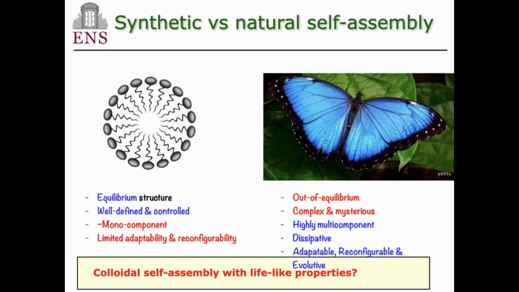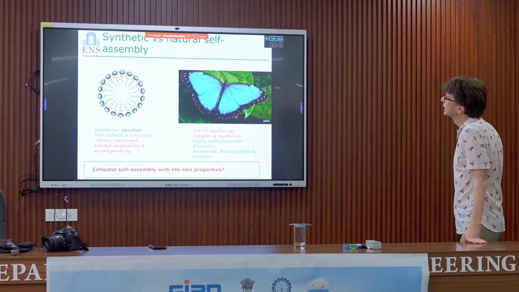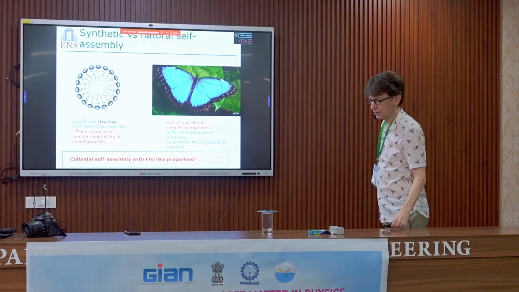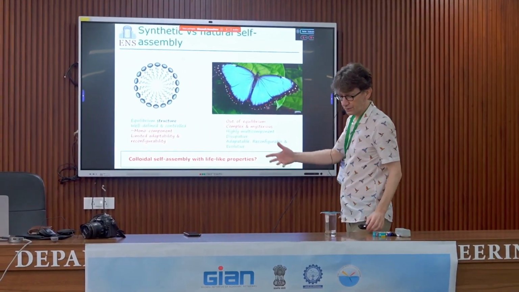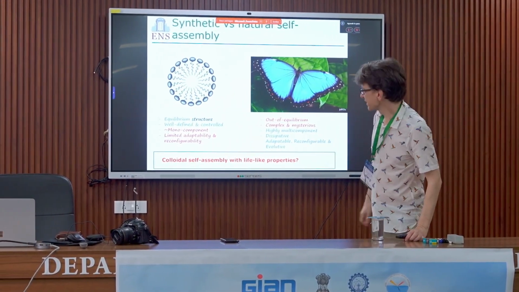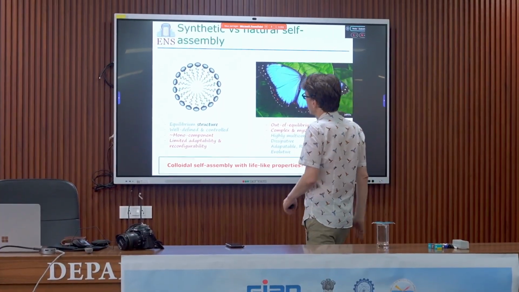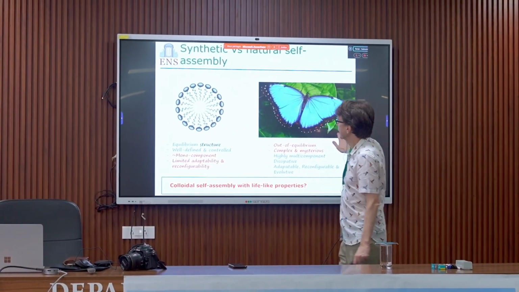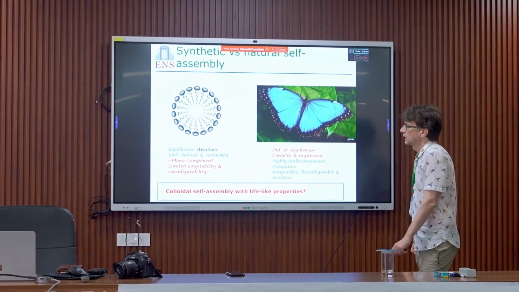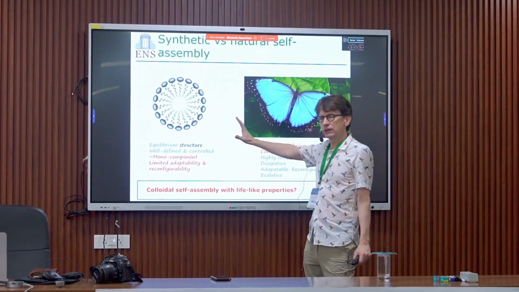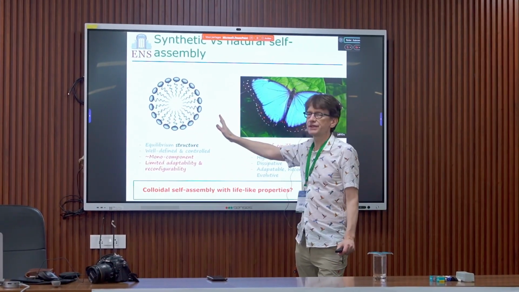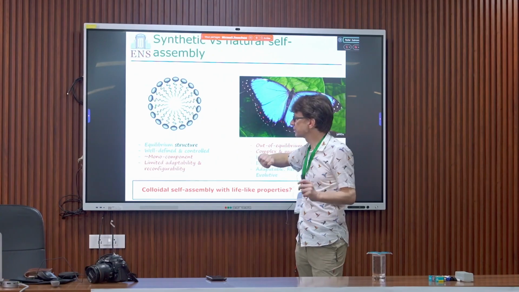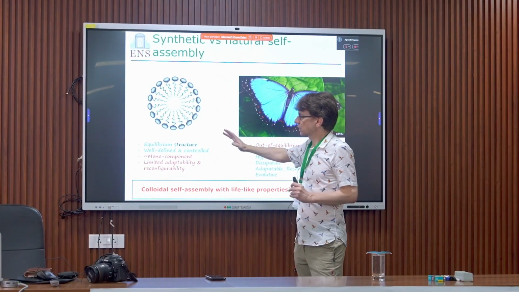The last thing I would like to say as a general introduction about self-assembly is that I think it's quite interesting to compare synthetic and natural self-assembly, because this is a bit how this course was constructed. In synthetic self-assembly, if you take a micelle, for example, a typical self-assembled system, you work at equilibrium.